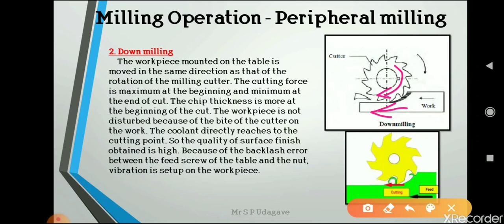The workpiece is not disturbed because of the bite of the cutter, which goes from larger to smaller, and the coolant directly reaches the cutting edges, so the surface finish obtained is good or better. Because of the backlash error between the feed screw of the table and the nut, vibration is set up on the workpiece.